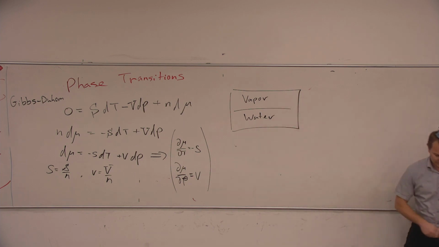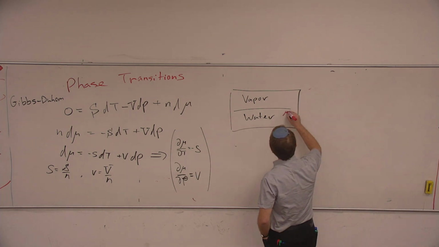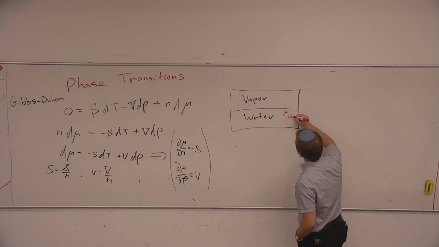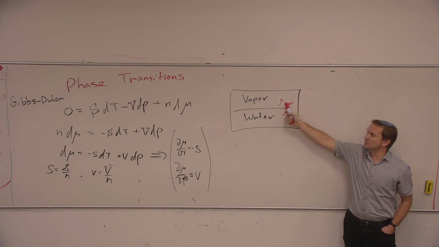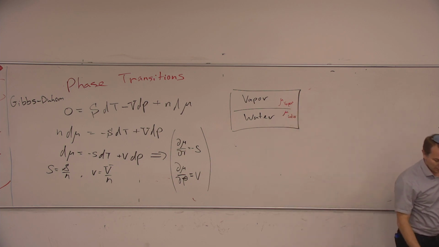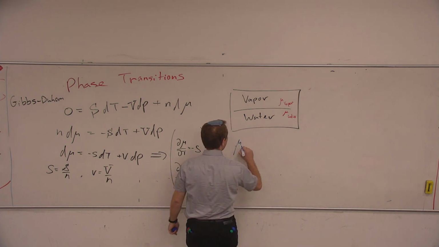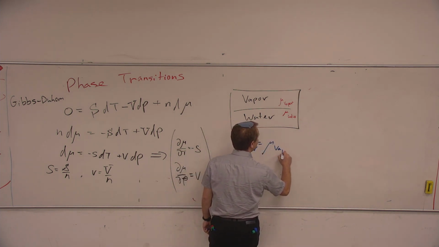What can I say? Here let's call it mu of water, and here I have mu of vapor. Because those two systems are in equilibrium, it has to be that mu water equals mu vapor.